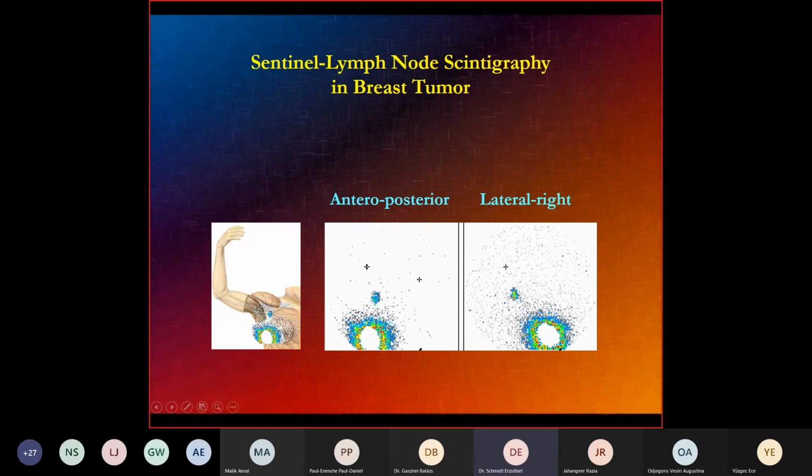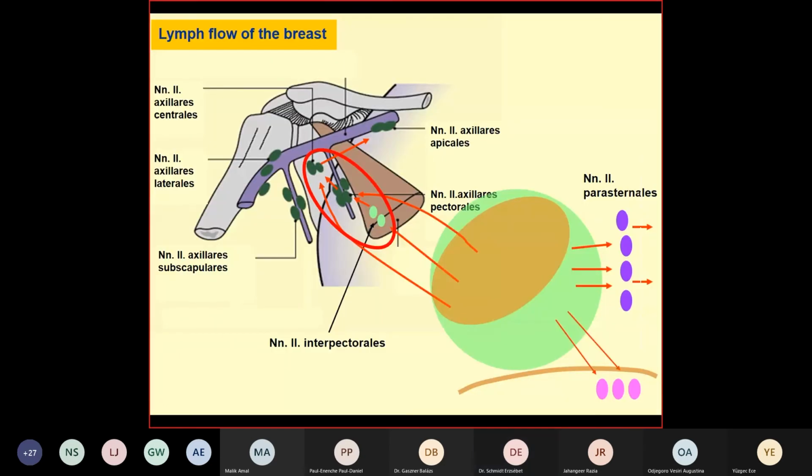The large spot is the peritumoral injected activity, and the smaller spot is the sentinel lymph node. You could find this sentinel lymph node in this region.